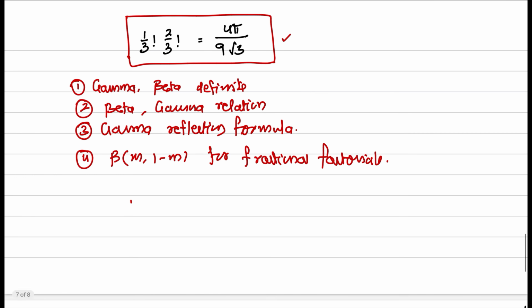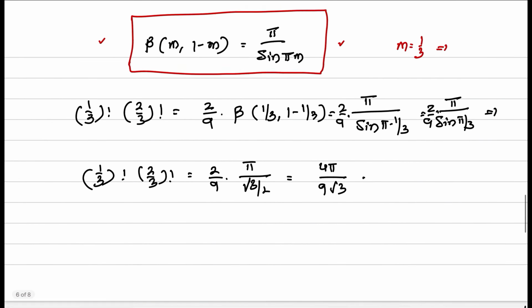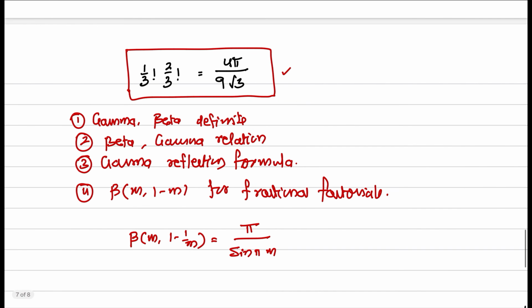It's a very important relation. We can connect beta from here, and with the relation of gamma and beta, we go back to gamma, and from gamma we go back to factorial. Very nice example.